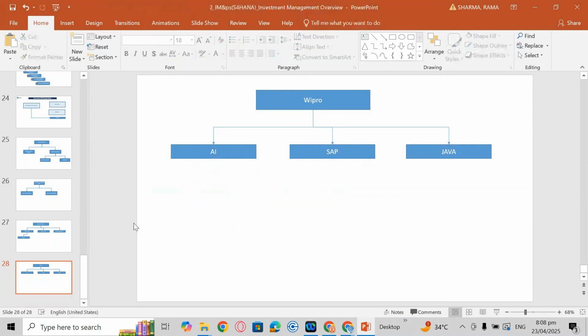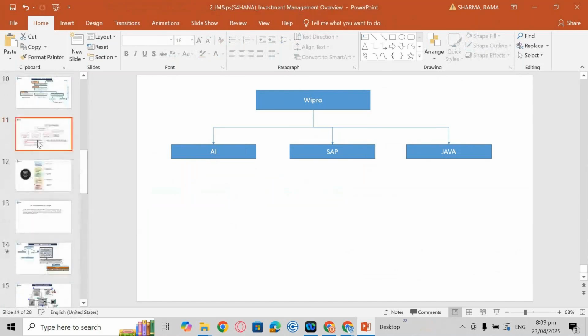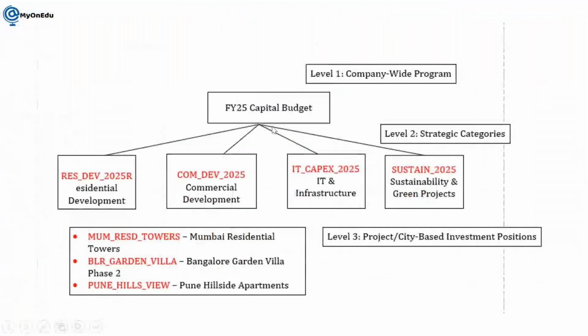Here I have taken one example. If you see this slide, this company, let's say Godrej Properties, is going to define one program for the coming 5 years for the capital project. Here they are going to manage within categories strategically, so they are going to structurize based on strategic categories.